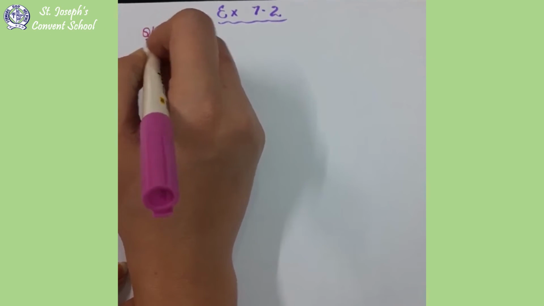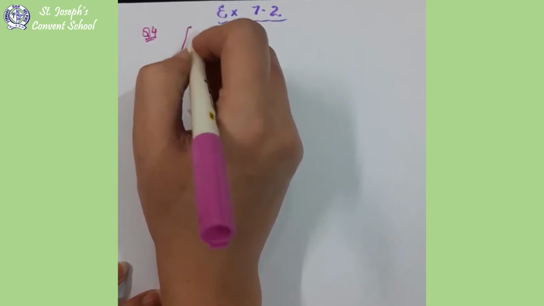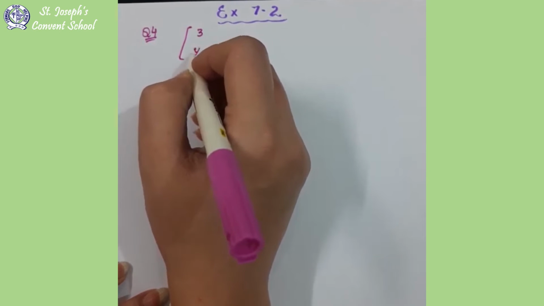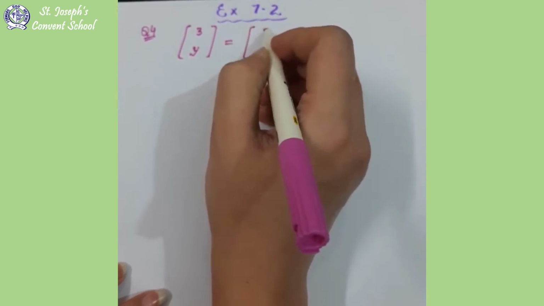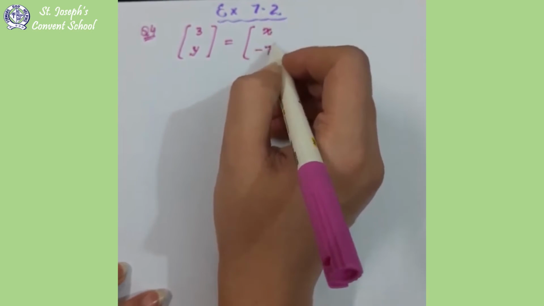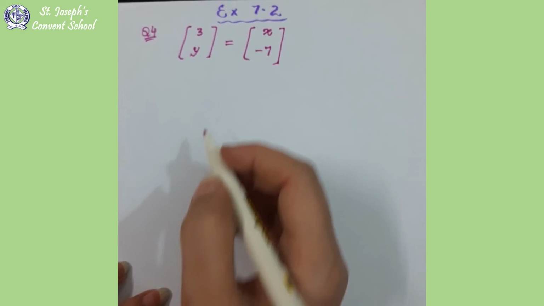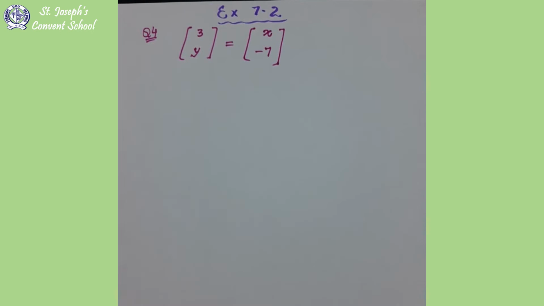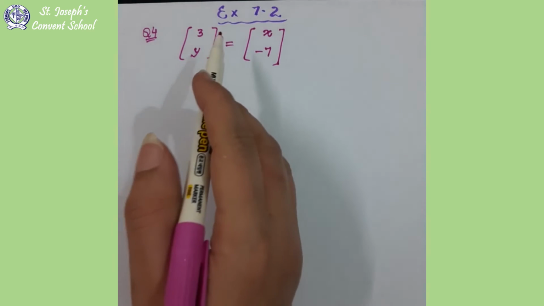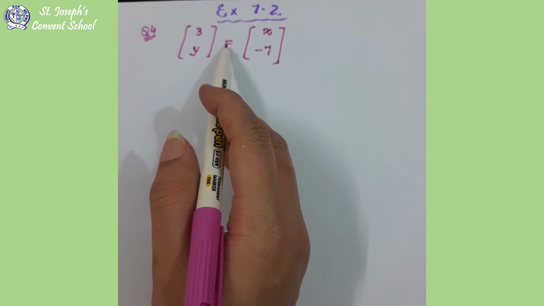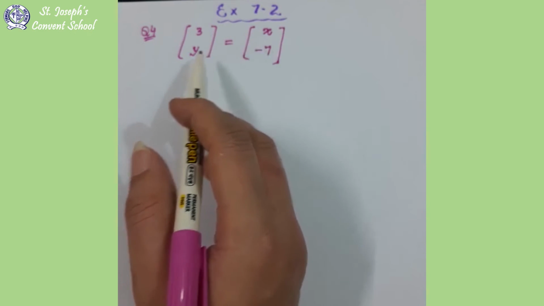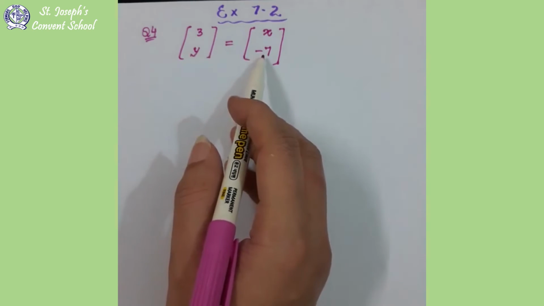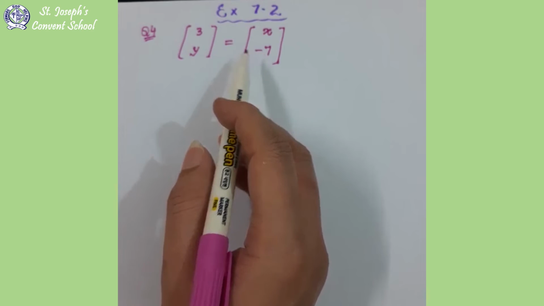Question number 4. Two matrices are given. 3, y is equal to x, minus 7. Now in this case you have to find the value of x. In the question you can see the equals sign is given. Equals sign given means the first term is equal to the first term of the second matrix, the second term is equal to the second term of the second matrix.